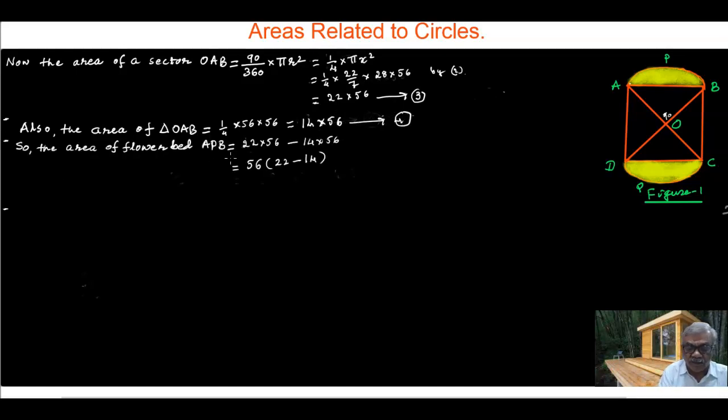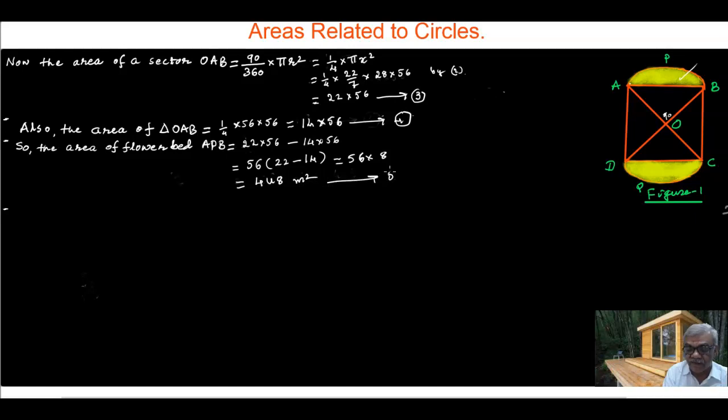And so the area of the flower bed APB is equal to the area of the sector minus the area of the triangle. The area of the sector OAPB minus this gives the flower bed, and that equals 22 into 56 minus 14 into 56, equal to 56 into 8, which equals 448 square meters.